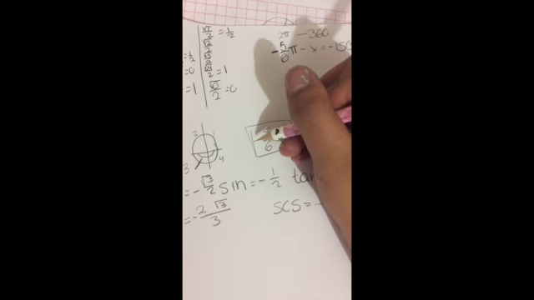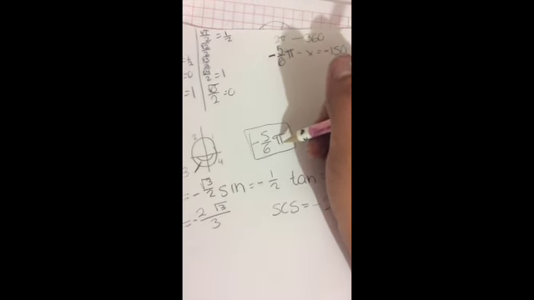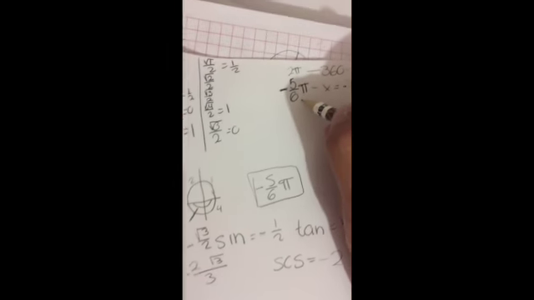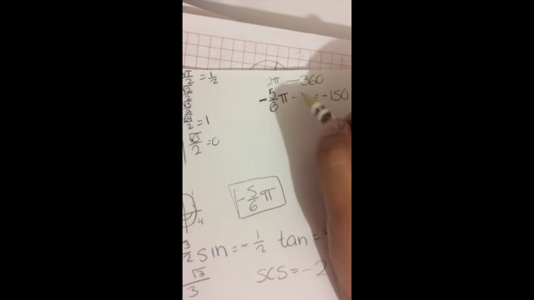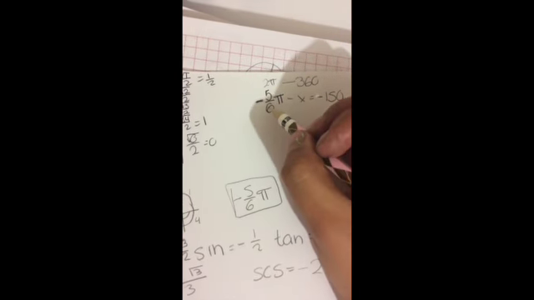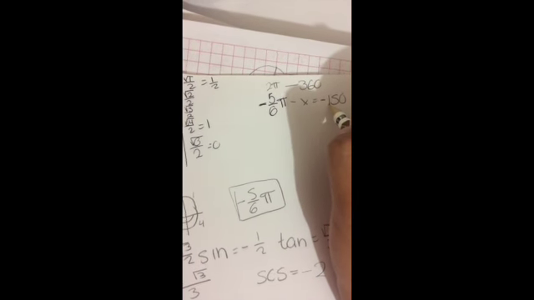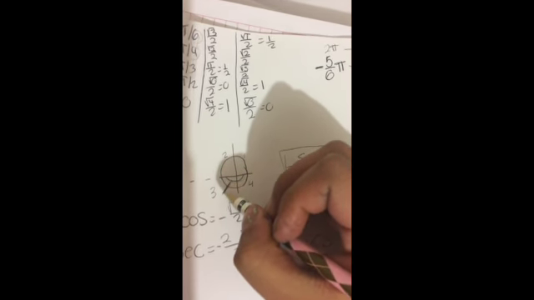Like in this one, it is minus 5 over 6 pi, which you can use a rule of 3 to convert to degrees, and you get minus 150.